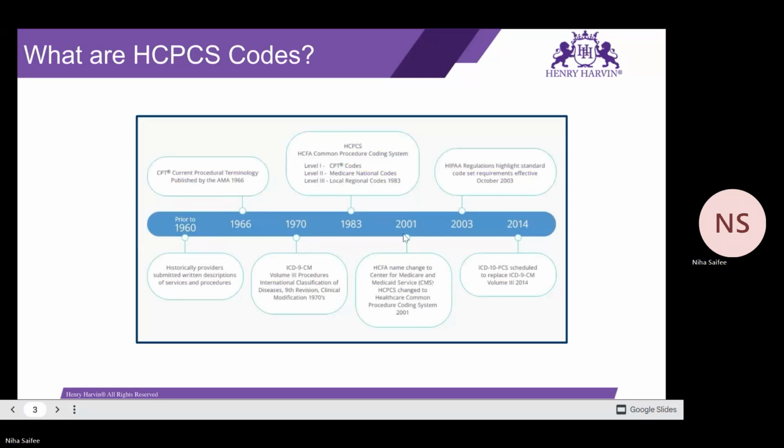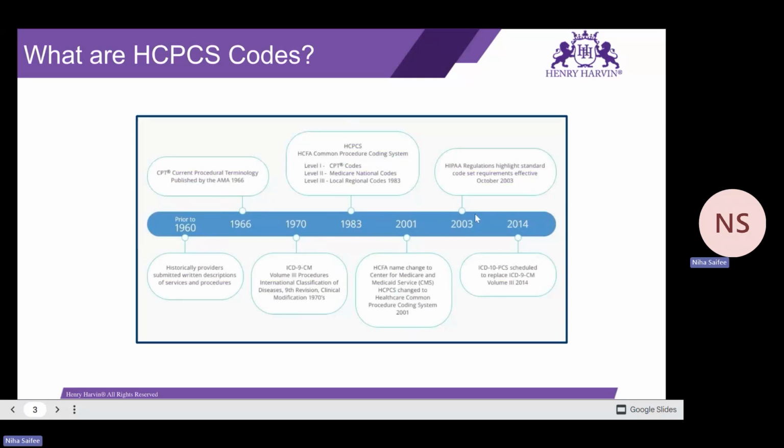Then in 2001, HCFA was changed to CMS, and the Common Procedure Coding System was made into the Healthcare Common Procedure Coding System. Okay. So in 2001, the naming changed. But the origin happened in 1983, when HCFA formed the Common Procedure Coding System.